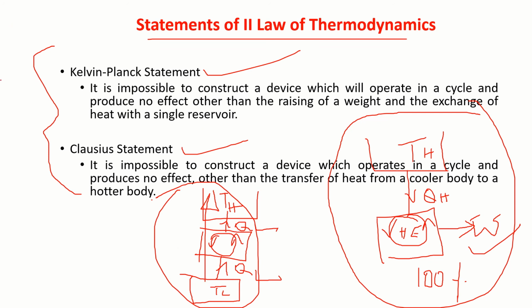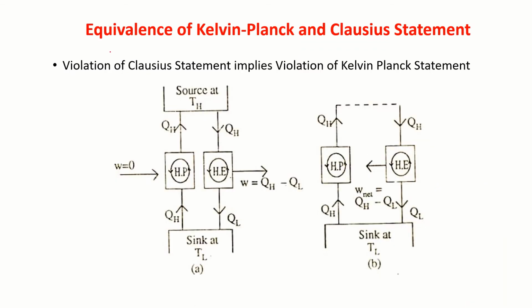So which statement to follow? In the subsequent sections, we can prove that the Kelvin-Planck statement and the Clausius statement are one and the same. Equivalence of Kelvin-Planck and Clausius statement: if I violate the Clausius statement, it is equivalent to violating the Kelvin-Planck statement. Now let me consider an engine.